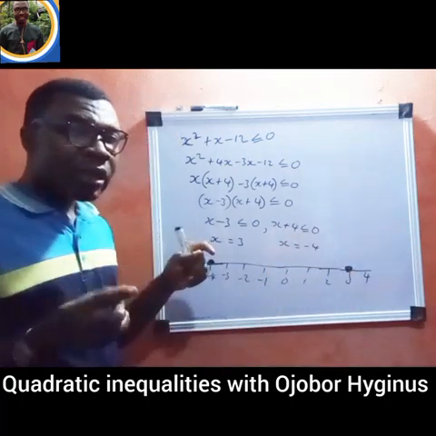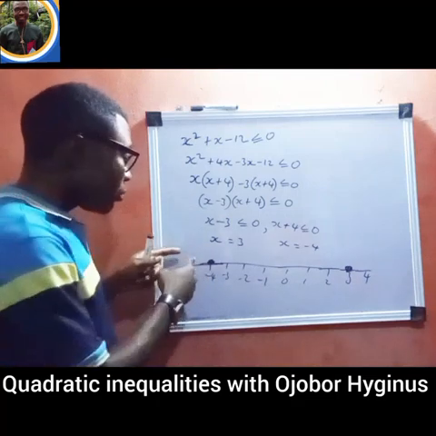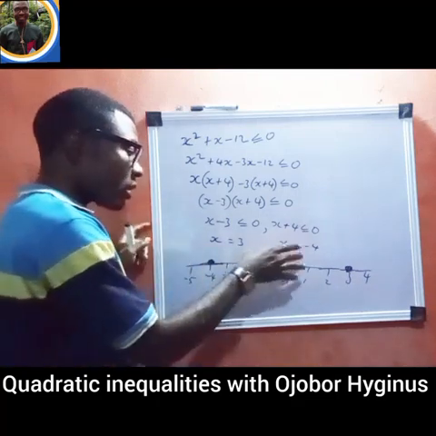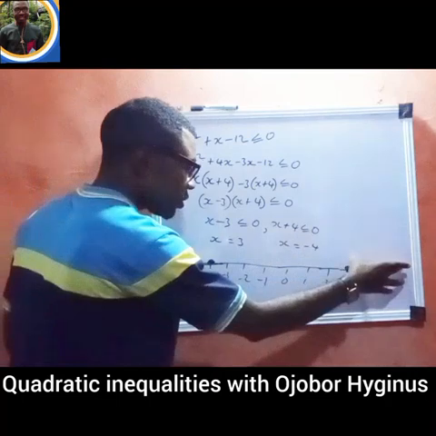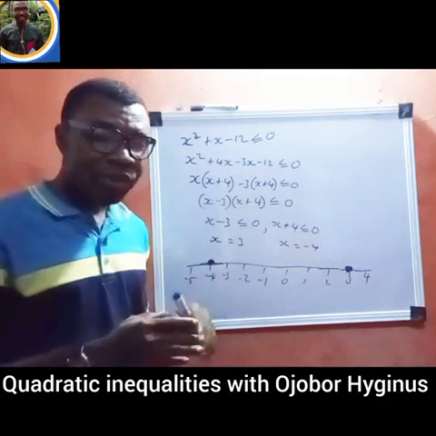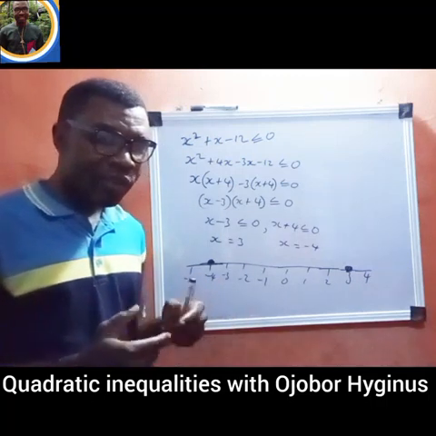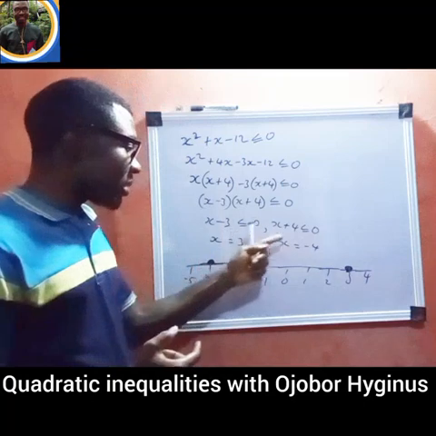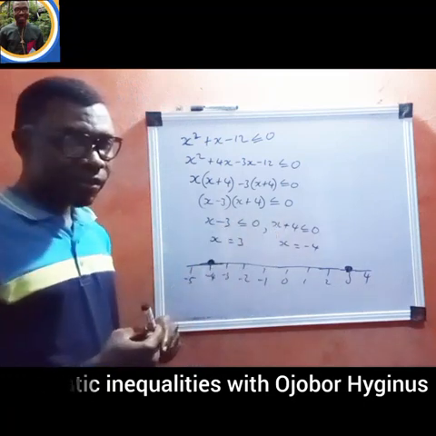So we are going to pick one value from each region to substitute in the original inequality and see which of them is going to satisfy the inequality. That is what will determine how we are going to represent these regions.